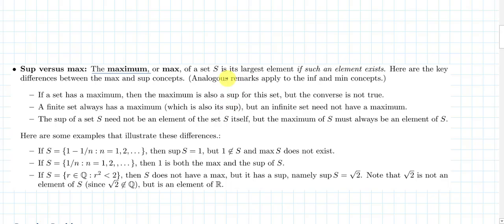If a set has a maximum, then the maximum is also a supremum for this set, but the converse is not true. So a maximum will be the supremum, but a supremum is not necessarily a maximum.